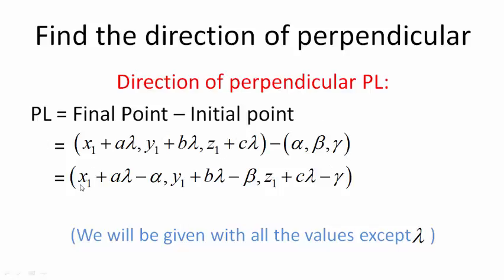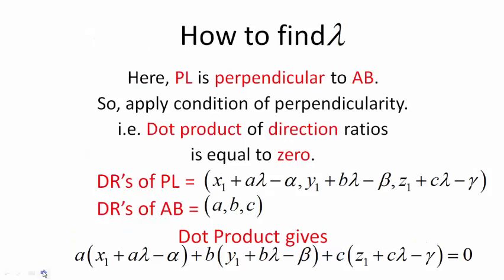You will be given all the values like x1, y1, z1, alpha, beta, gamma, and a, b and c. Just what you have to find is lambda. The main aim still remains: how to find lambda.